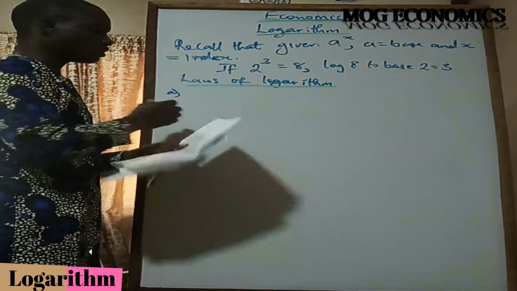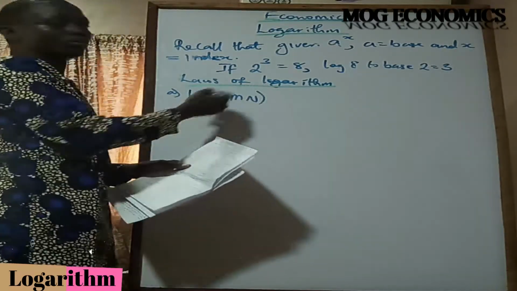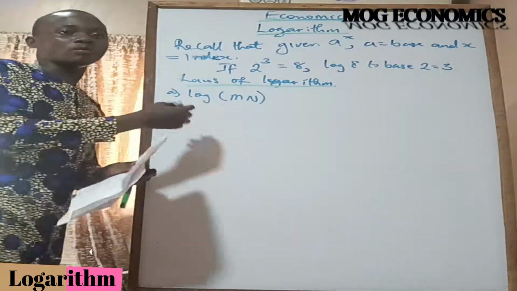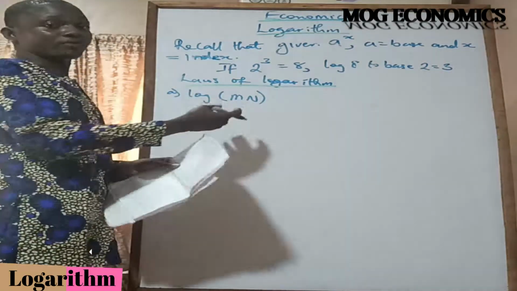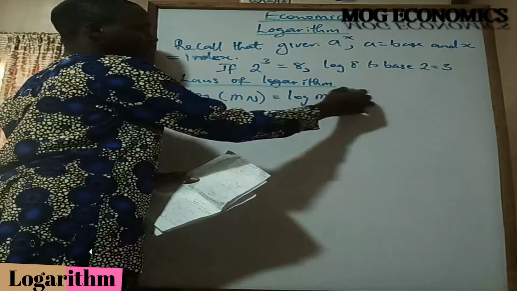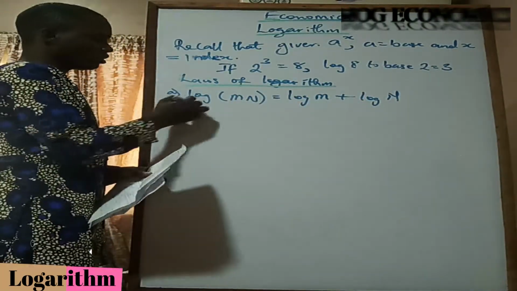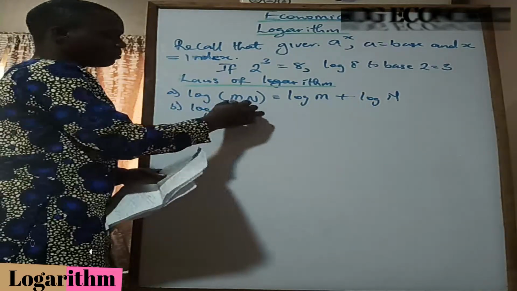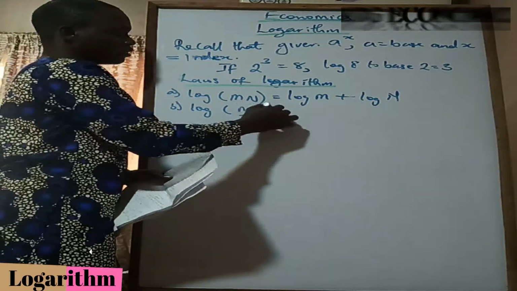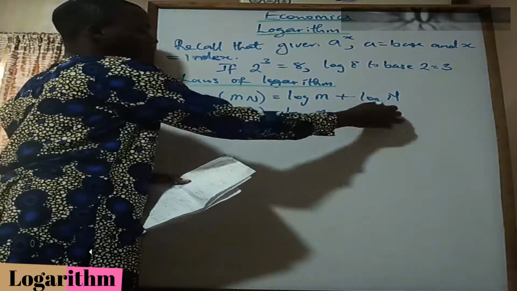The first one says the logarithm of a multiplied figure, log of mn, is equal to log of m plus log of n. Now b, log of m over n is equal to log of m minus log of n.